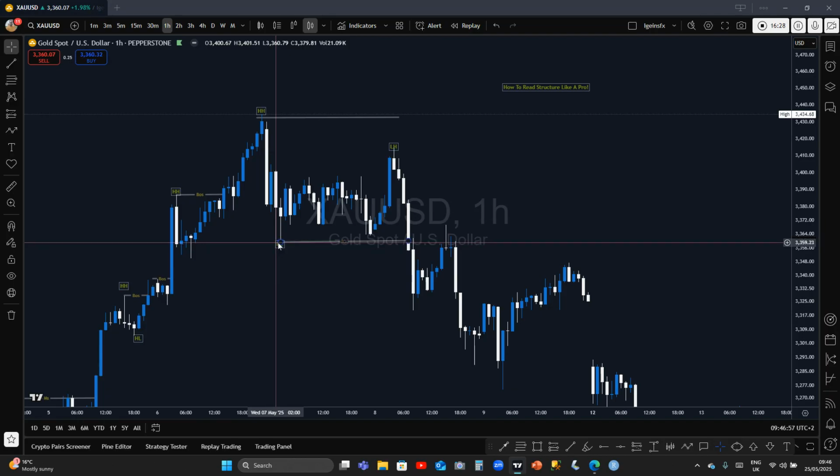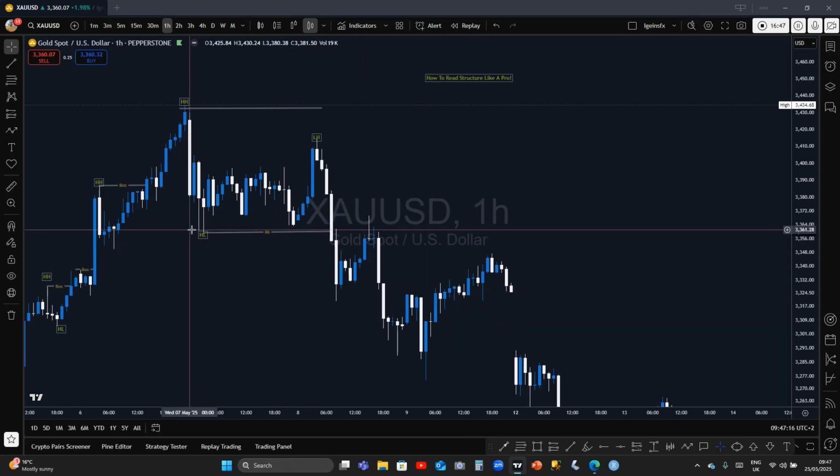Order flow, if you want to follow the sequence, you're supposed to push to the upside and break this high, this resistance, for price action to create another resistance. That is the order flow. But you now see that it created a lower resistance. It did not violate this high.